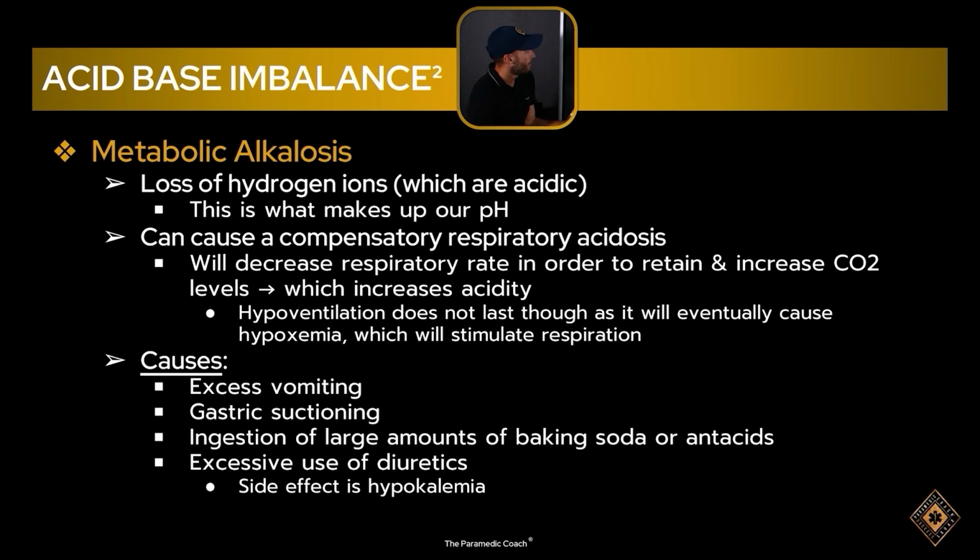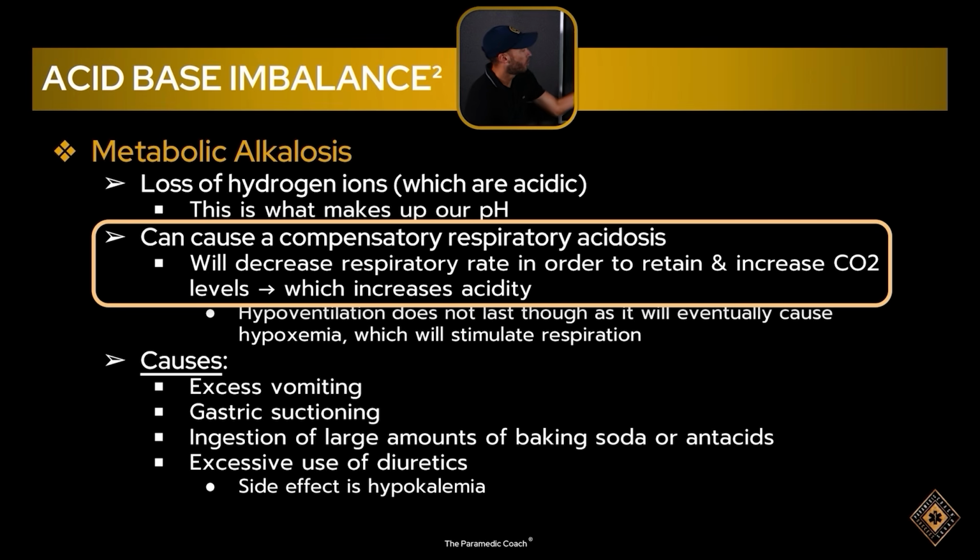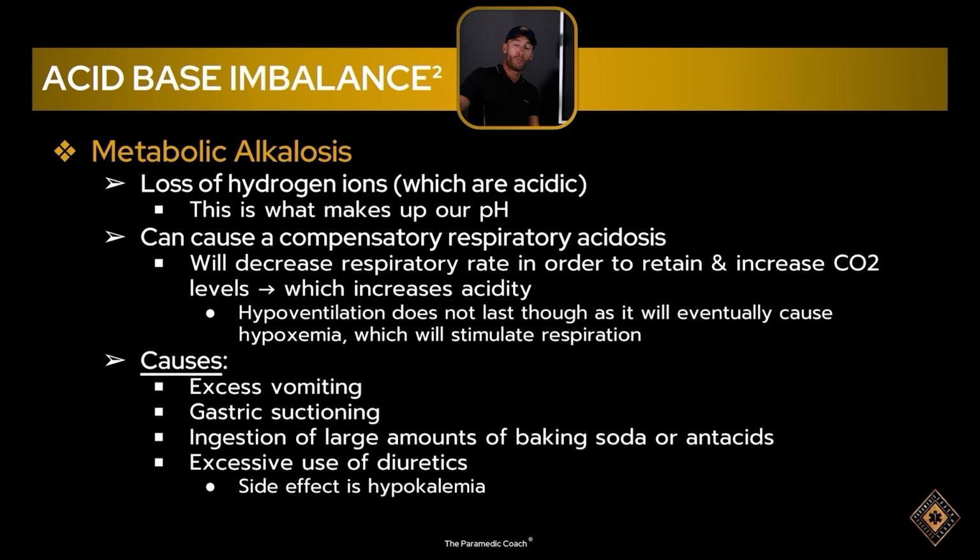One of the things we look at is a metabolic alkalosis can cause a compensatory respiratory acidosis, meaning it will decrease the respiratory rate in order to retain and increase CO2 levels, which increases the acidity. Because in this case, in the metabolic alkalosis, we're on too much of a base. We're on the alkalosis side.